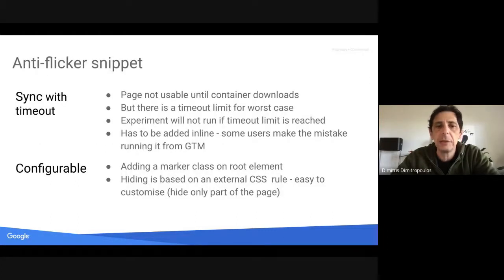And we made it configurable and customizable, giving options to users to hide only the part of the page where they are doing experiments, so that at least the user will get the skeleton of the site, so that they have the experience that the site is interactive. And you can configure timeouts. As it was mentioned by Tim, there's a timeout for the worst case.